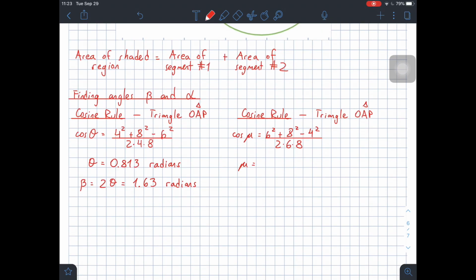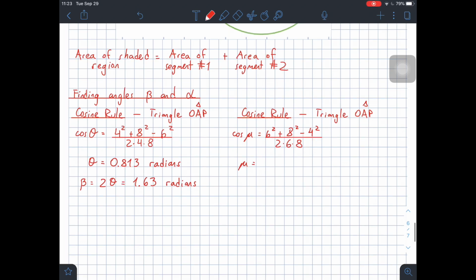So shift cosine of 6 squared plus 8 squared minus 4 squared divided by 2 times 6 times 8. And I get a value of 0.505 radians, which means that the complete angle, which is alpha, is 2 times mu. So this is times 2. Sorry, and I get 0.